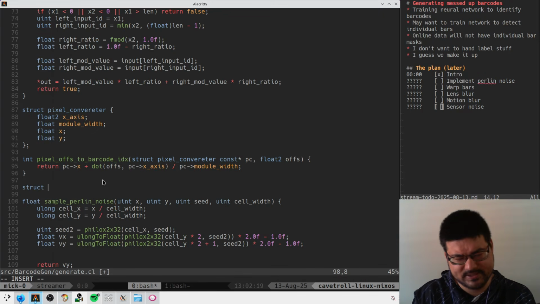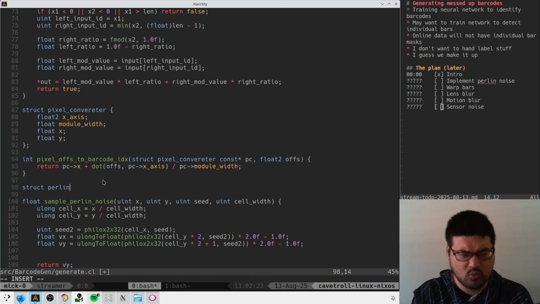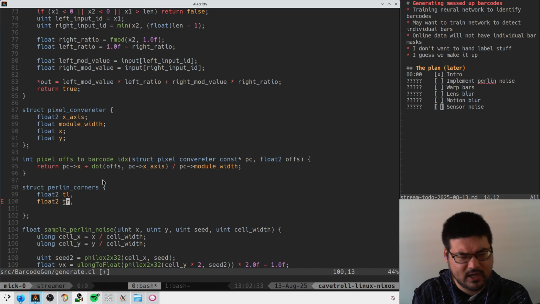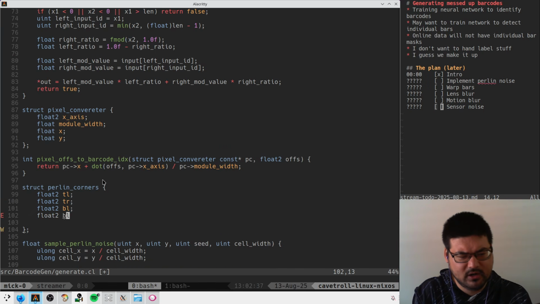I almost want to make something that tracks that for us, like Perlin corners or something. I don't know, man. And he has float2 to top left, top right, bottom left, bottom right.